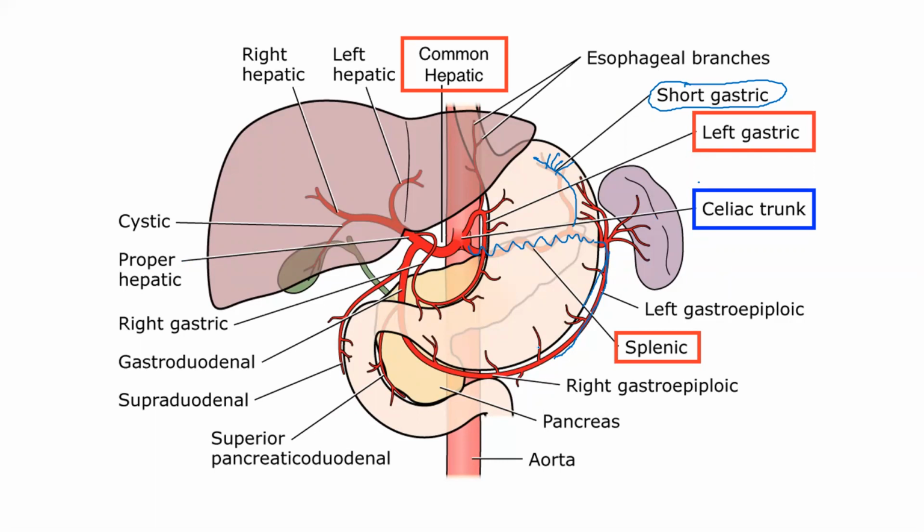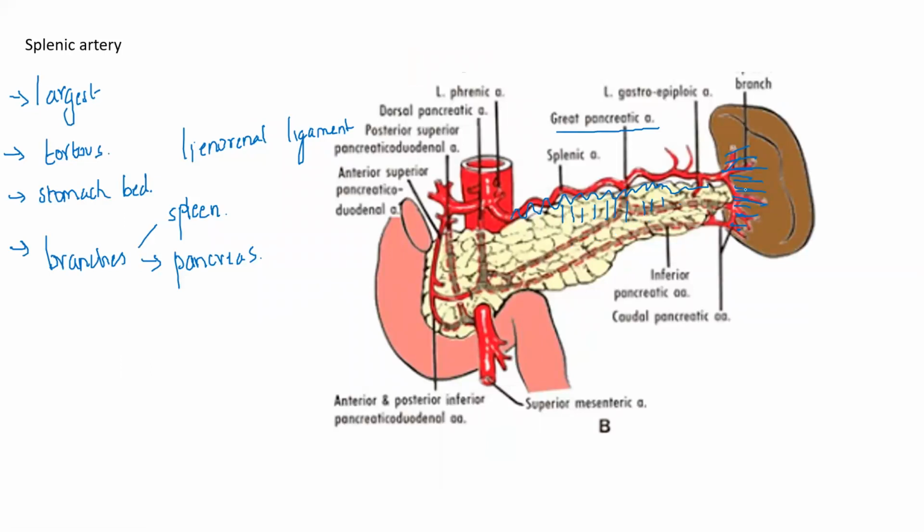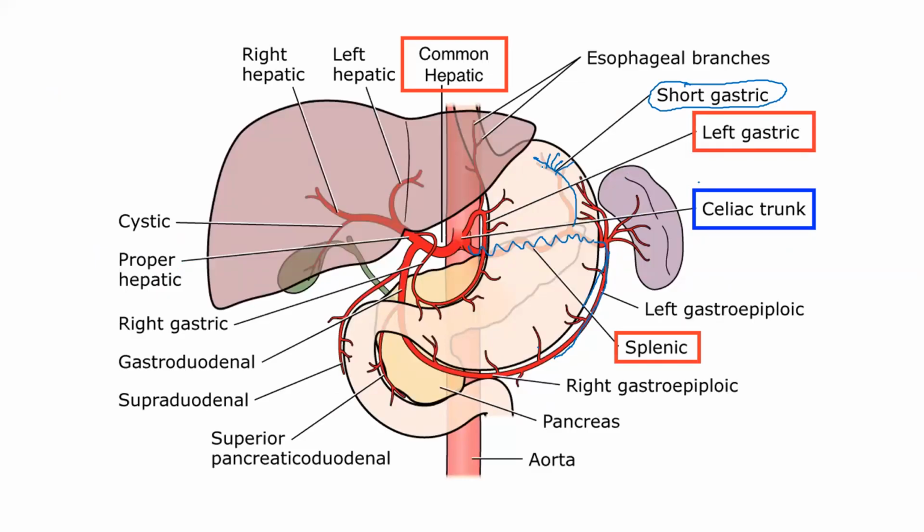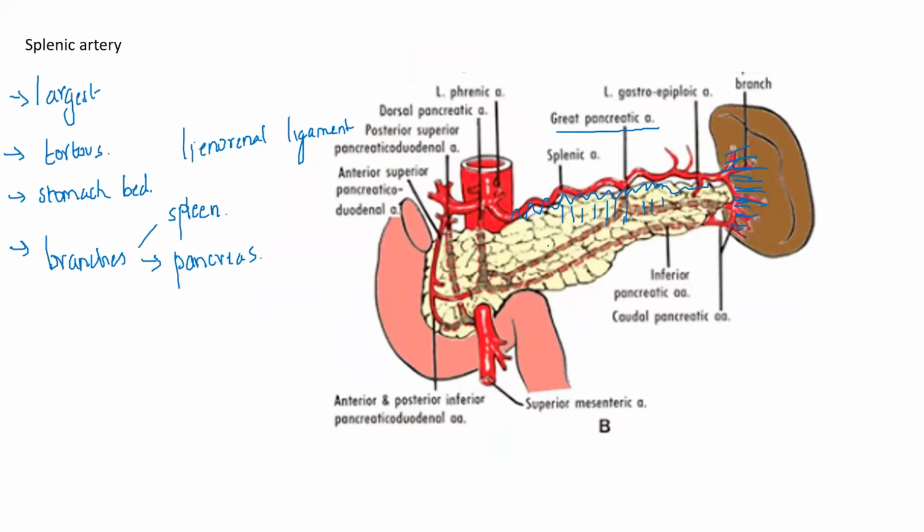So in the previous picture, I showed you splenic branches and pancreatic branches. Here I'm showing you the short gastric branches and the left gastroepiploic. To summarize the branches of the splenic artery: splenic branches, pancreatic branches, and the branches to the stomach. What are they?